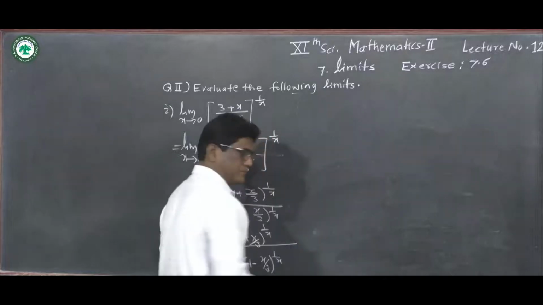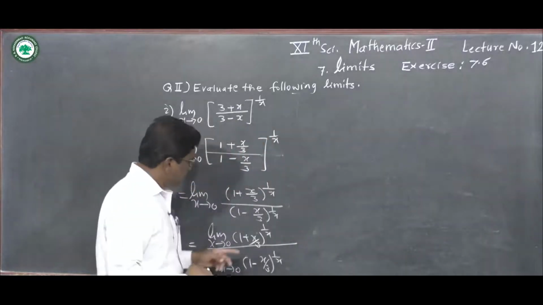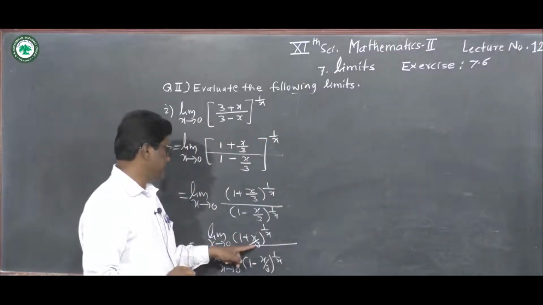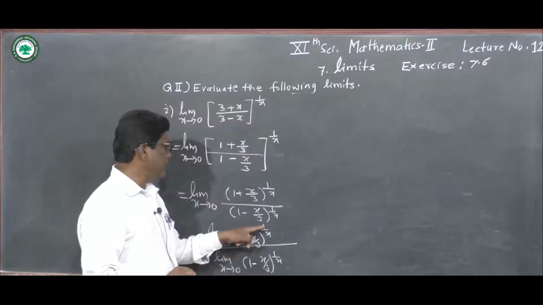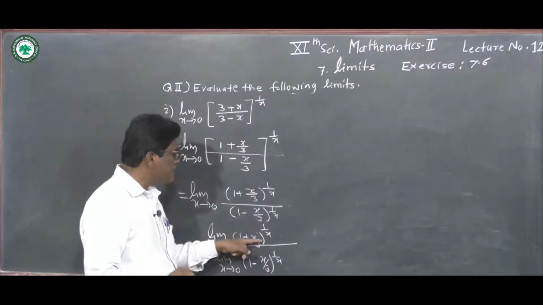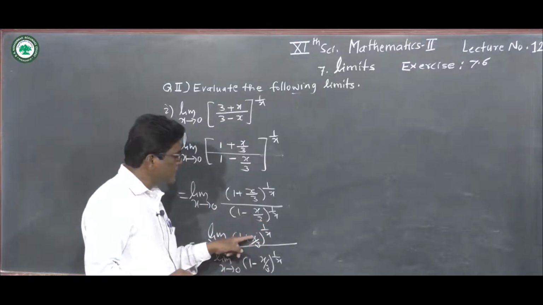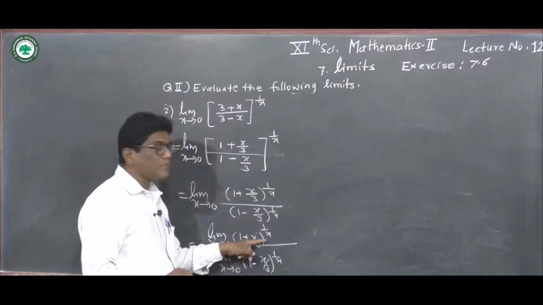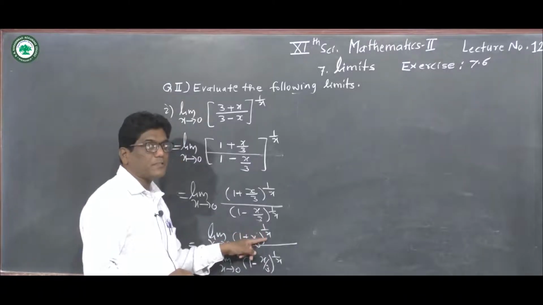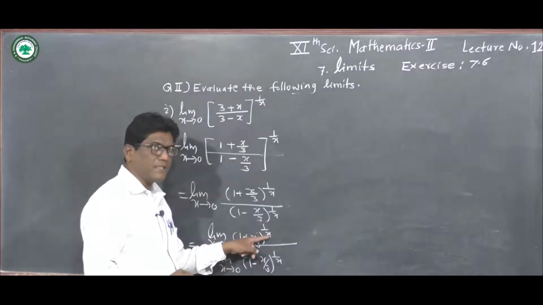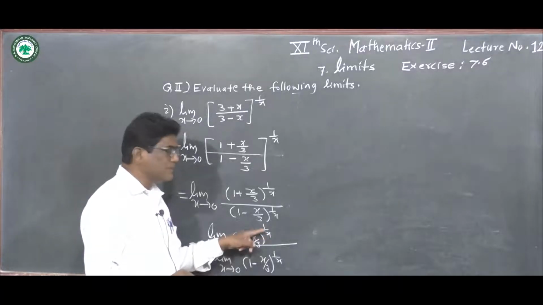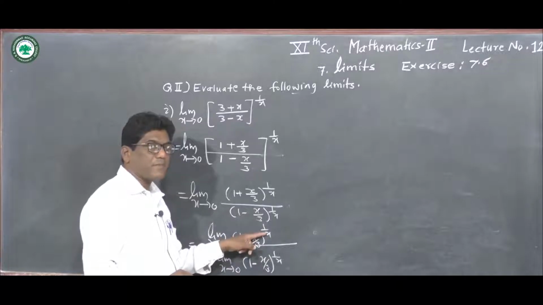Now here x upon 3, we must have the power as a reciprocal of this. Reciprocal of x upon 3 is 3 upon x. We want here 3 upon x. So we have to adjust here 3 upon x. Here 1 upon x is already given, but we want here 3 upon x. So we have to adjust 3.